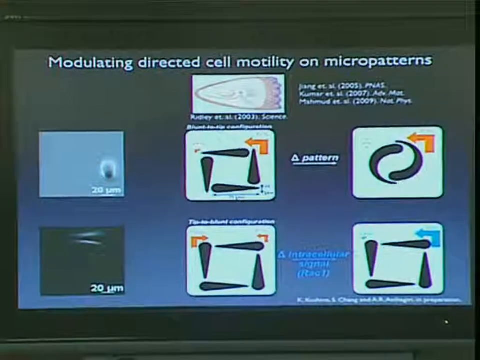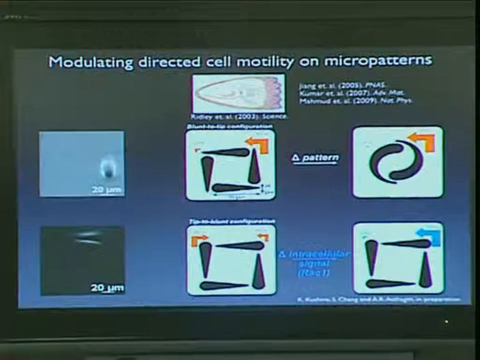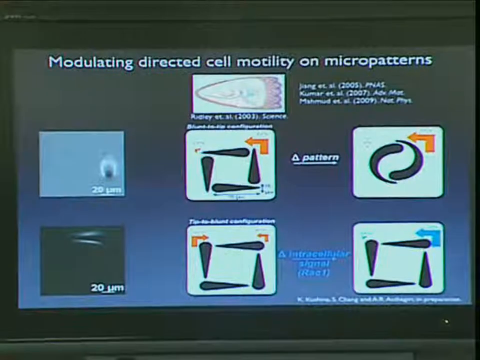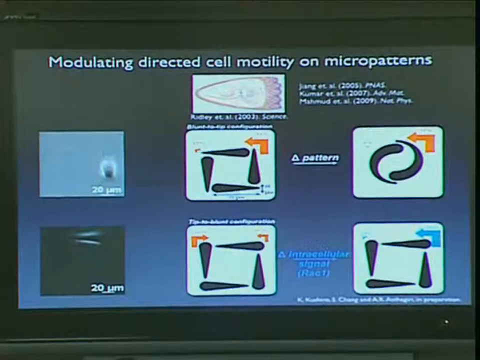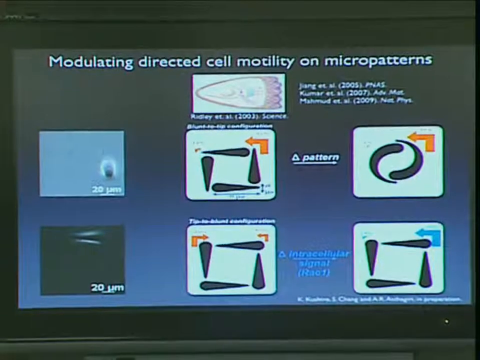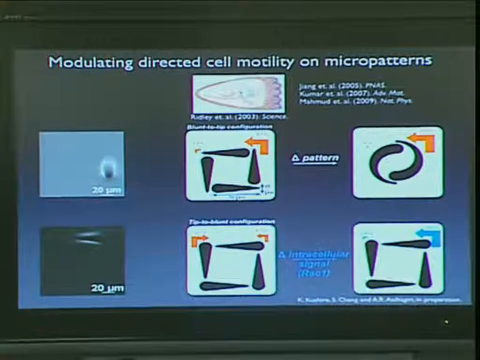If you knock it out, this activity will be gone. The lamellar extensions will be out, and migration will just stop. But if you dial it down moderately, you can now induce highly oriented movement where cells were not so oriented before. And this oriented movement goes away. Okay? So we think that these are really interesting ways to direct cell movement by manipulating pattern and refine movement, or manipulating intracellular signal to alter the nature of movement.